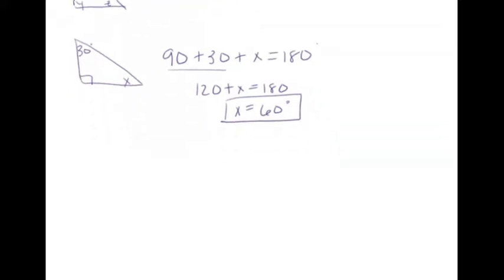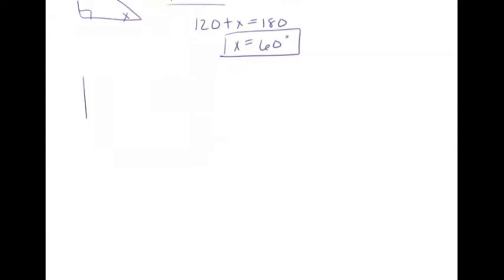Okay, let's do another one. What if I have a triangle such that this is 70 and this is 40? Okay, that's not exactly drawn to scale, but that's actually good practice for you too, that not every angle is going to look exactly like its measure. I know that all of these angles together have to add to 180.